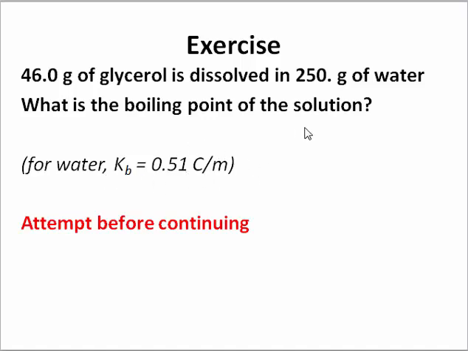Now, if you know that, and if you know that water is the solvent because we have more of it than the glycerol, you need only look up the formula for glycerol, and you should be able to attempt this problem before continuing with the presentation. So stop the presentation, attempt, and then continue.